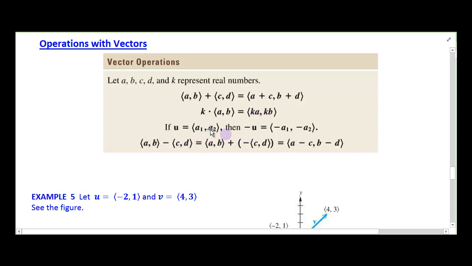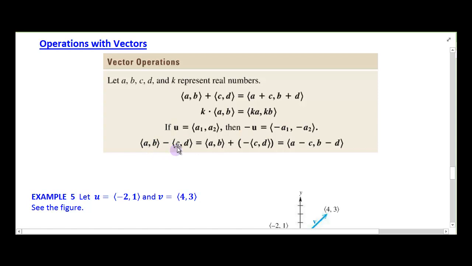The last two lines I think are rather intuitive, and you can look at them either way you want. First of all, this first line is basically saying if I have the vector u given by these components here, then the negative u would be those components, each with negative signs. And then the last one is the difference.